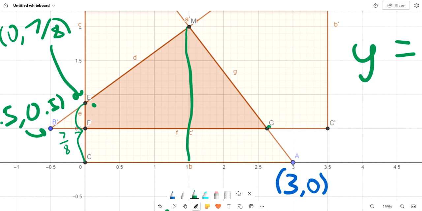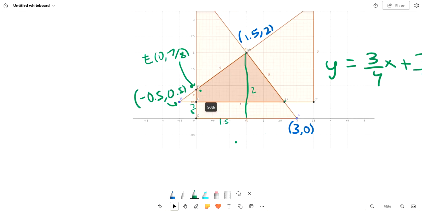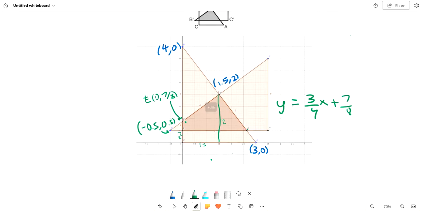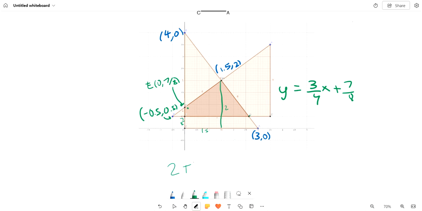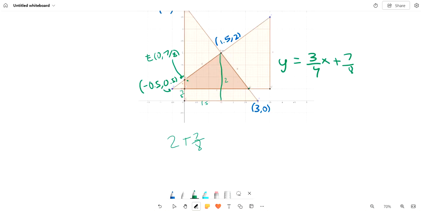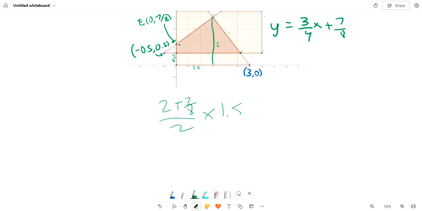So we have all the side lengths, 1.5, 7 over 8, and 2. So the area of the trapezoid would just be 2 plus 7 over 8 over 2 times 1.5, which equals 23 over 8 over 2 times 1.5, equals 23 over 16 times 1.5.